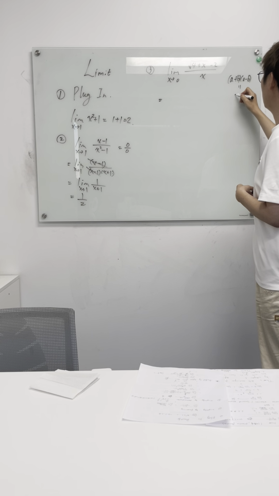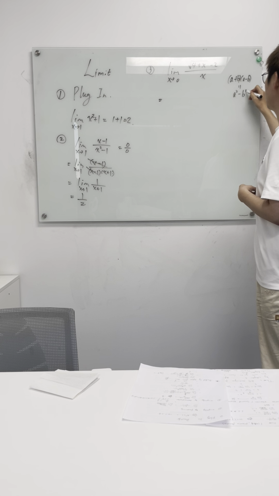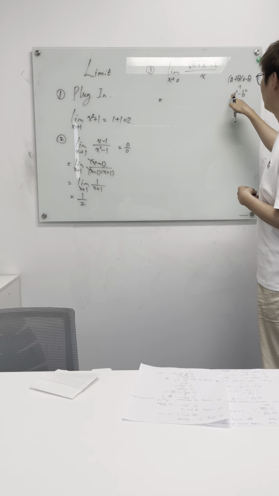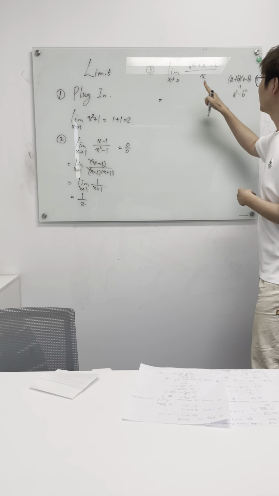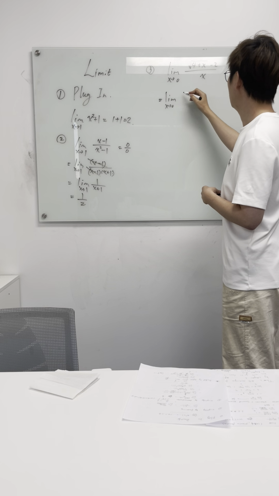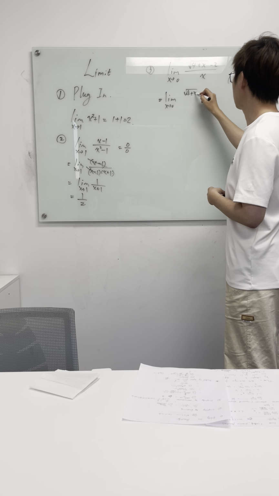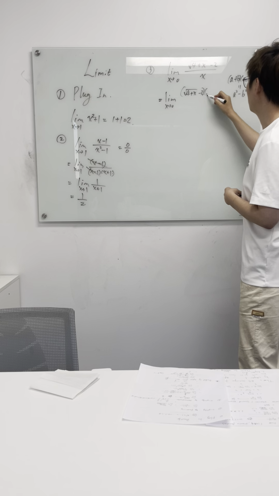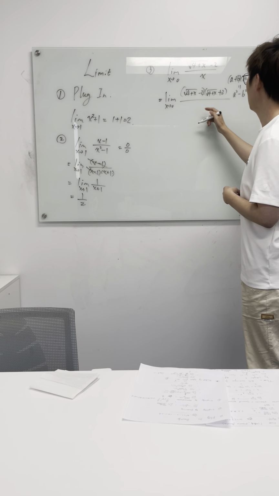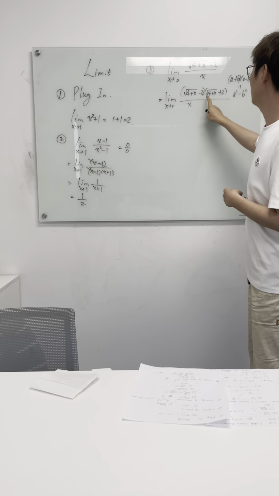Because we have a squared minus b squared, you can use this method to remove the radical form, right? So for this one, let's multiply square root of 4 plus x minus 2 by square root of 4 plus x plus 2. Since you multiply by one term in the numerator, you also have to multiply by the same term in the denominator.